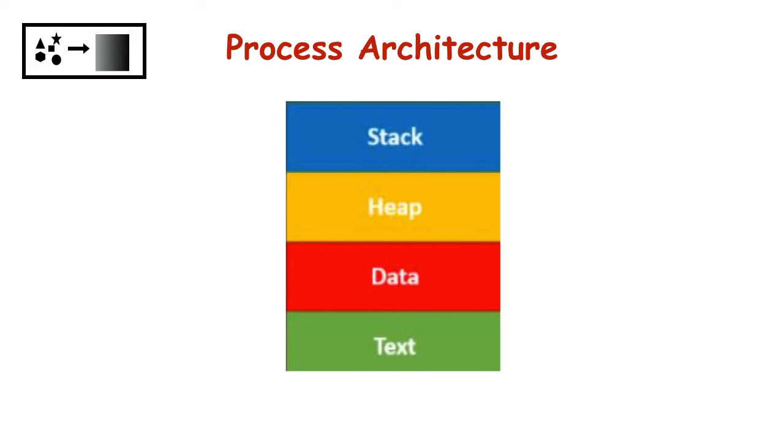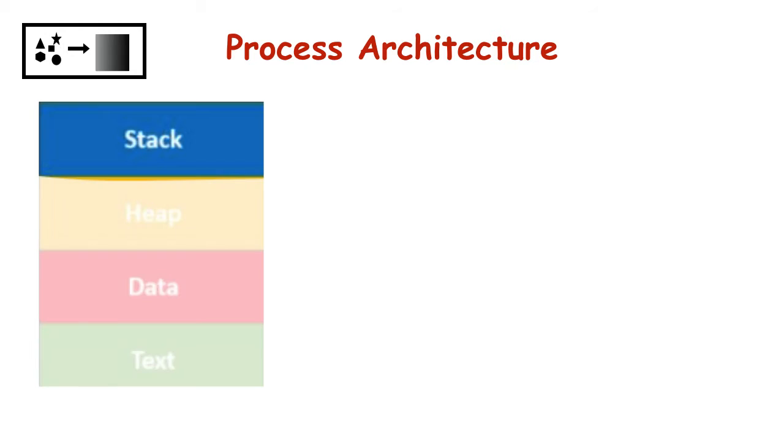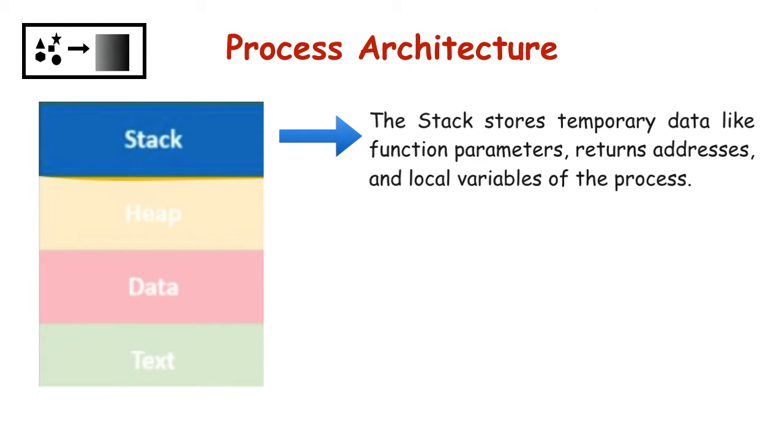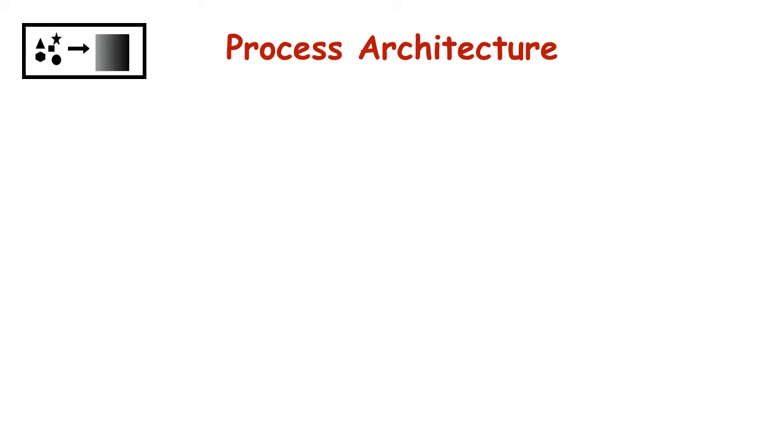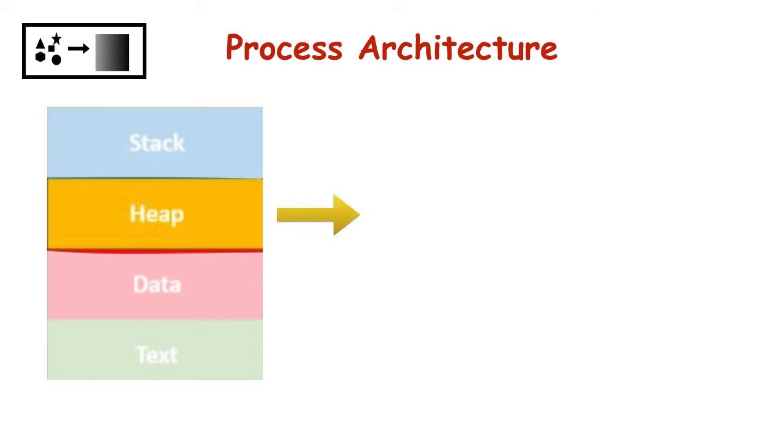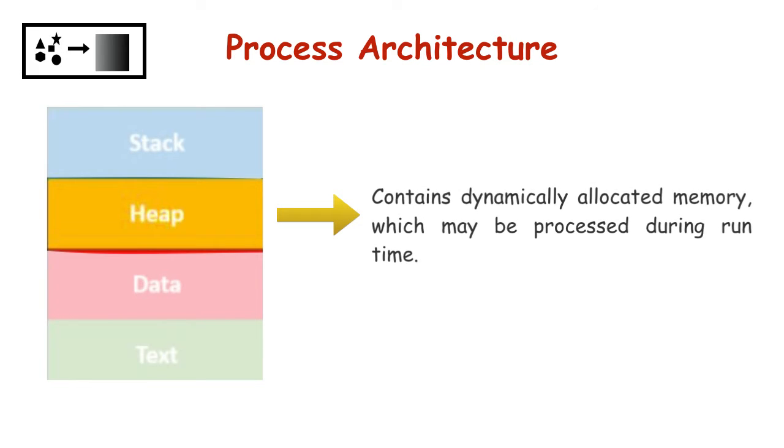Process architecture. Process architecture has four elements: the stack, the heap, the data, and the text. The stack stores the temporary data like the function parameters, return addresses, and local variables of the process. The heap contains dynamically allocated memory which may be processed during the runtime.